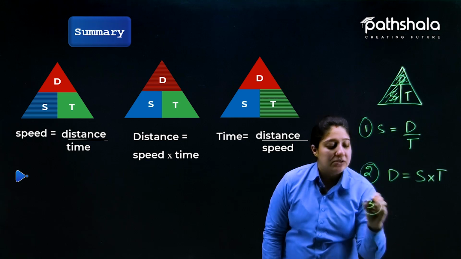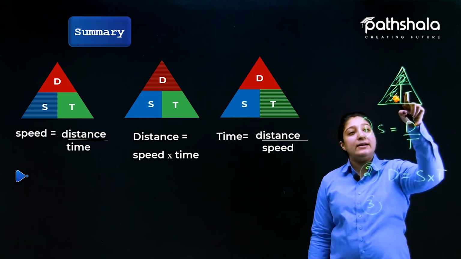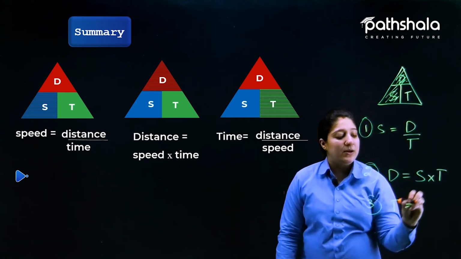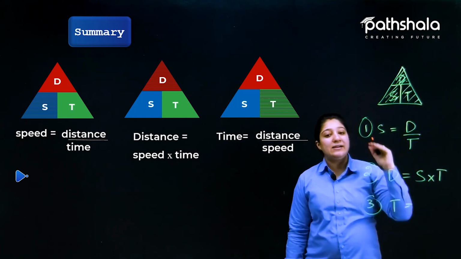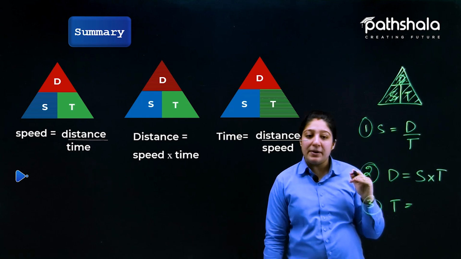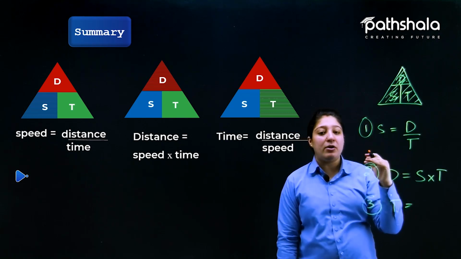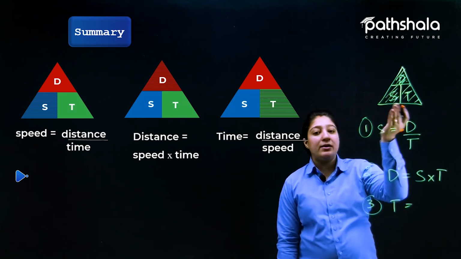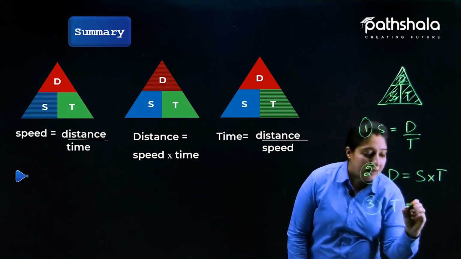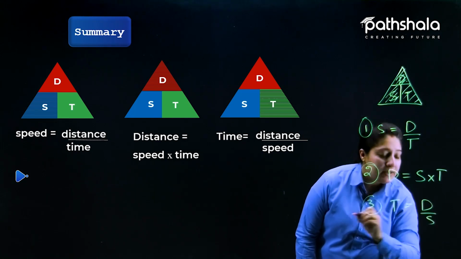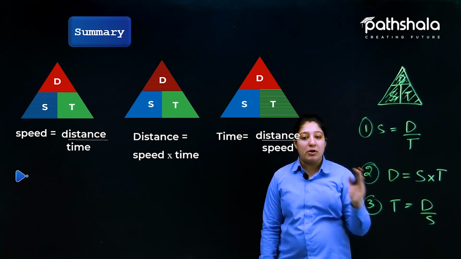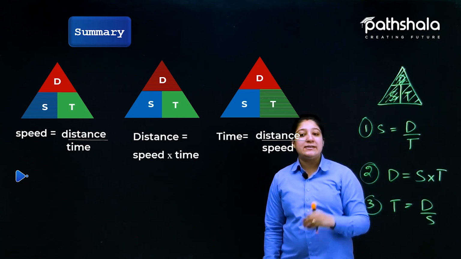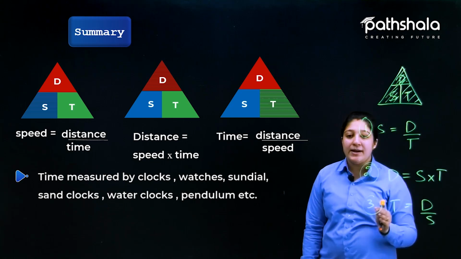And in the third case, where you need to find the time, again cover or shade this portion, and what are the other two units left, that is D and S, and how they are present here, in divided form, like one is in the numerator, the other is in the denominator. Write that formula, that is D by S, and that is how you can easily remember these three formulas to calculate distance, speed and time, right?